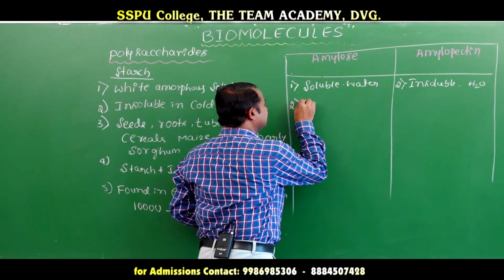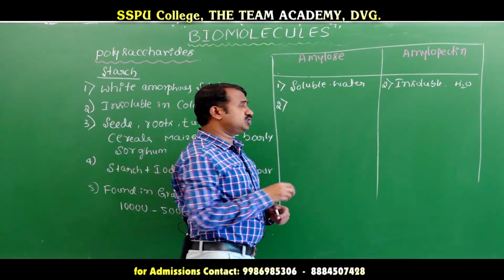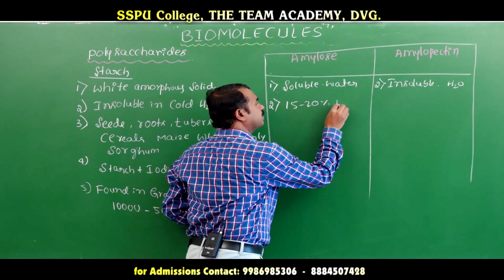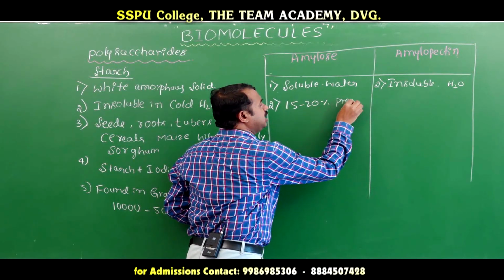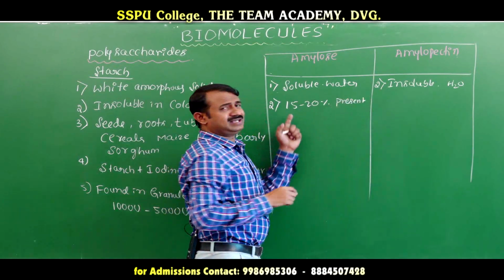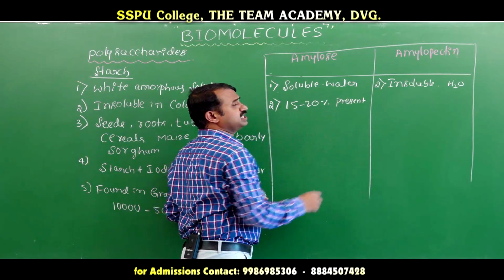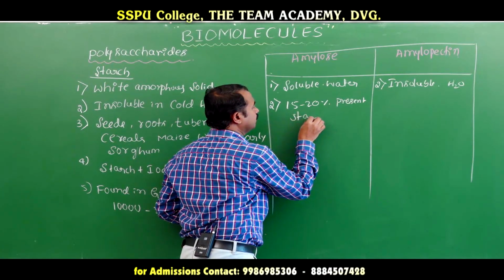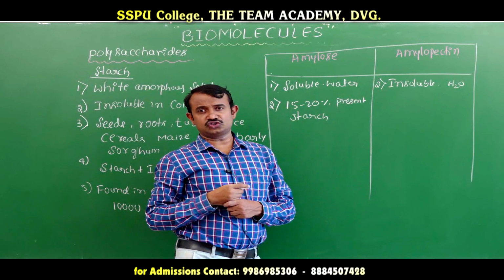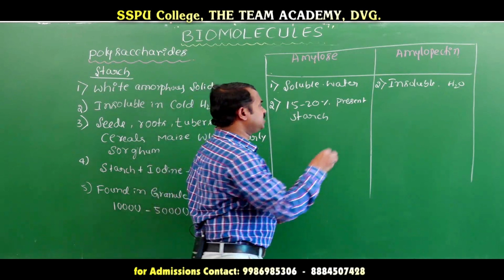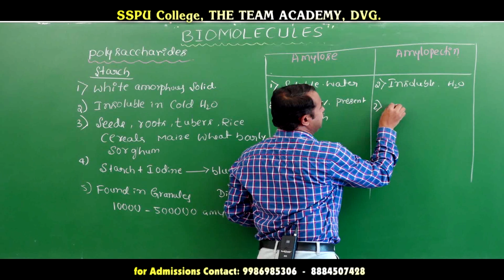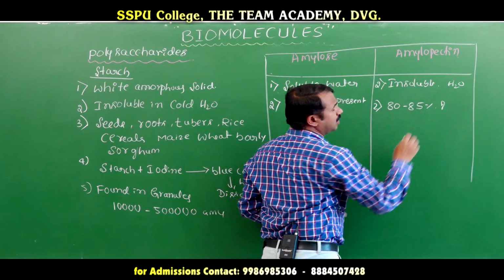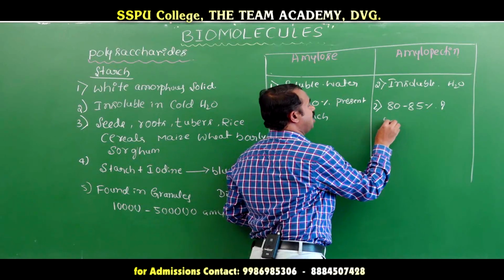Second, amylose is 15 to 20% of the constituent of starch. Amylopectin is 80 to 85% of the constituent of starch.